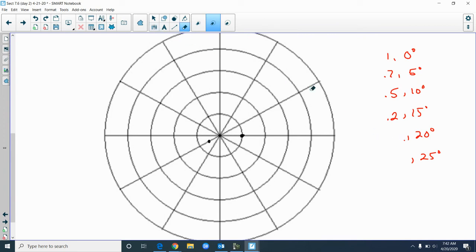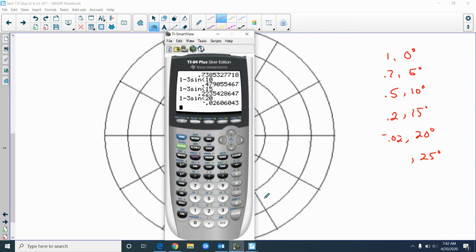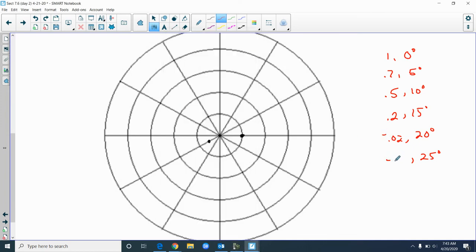So I'm just going to put that in there. What about 25 degrees? Second entry, 25, negative 0.3. And then we know what's going to happen at 30 degrees is negative 0.5.